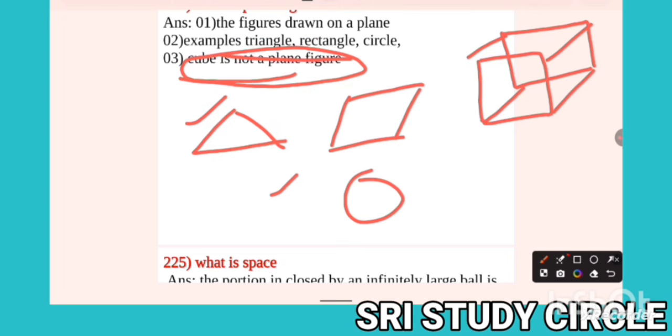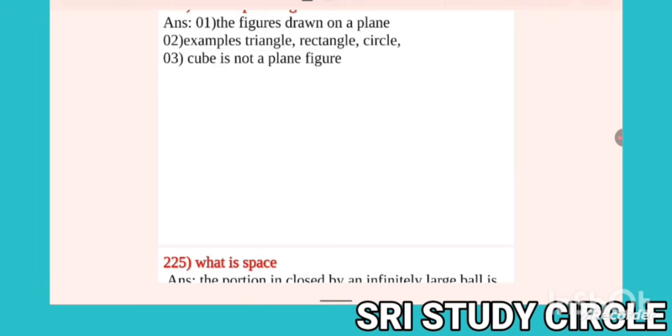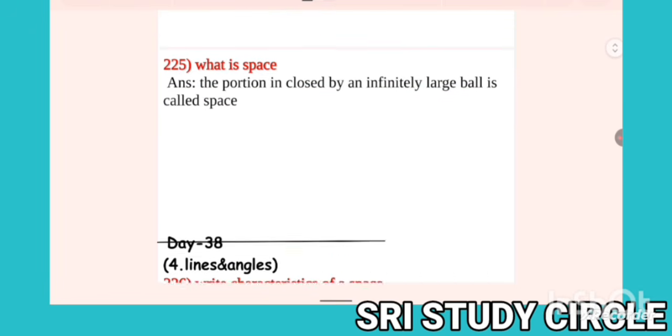For example, object cube, object ball. These are objects. Objects mean 3D objects, not 2D. So this is a figure. Okay, clear. Now, what is space?